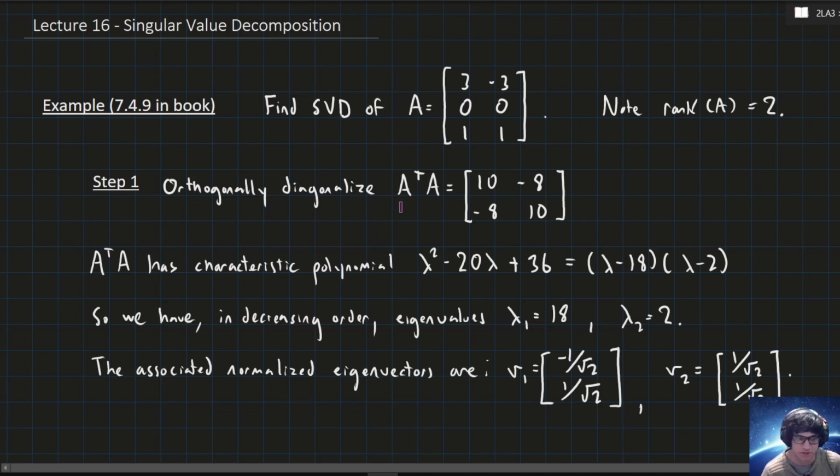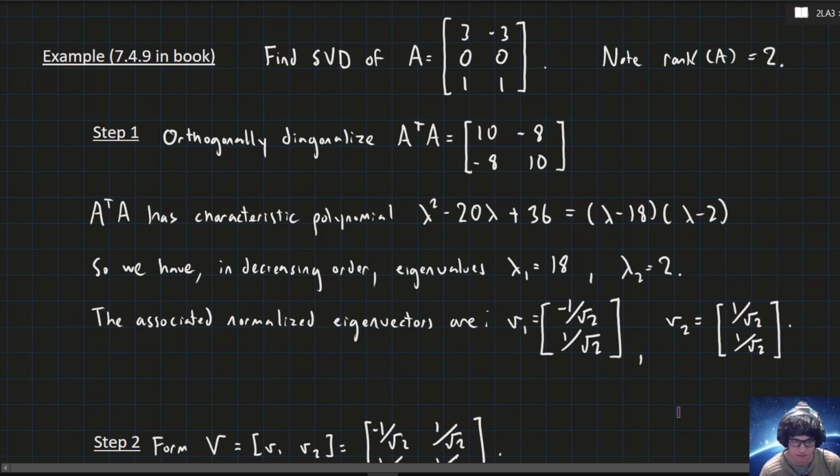So how we start is we look at A transpose A, and we orthogonally diagonalize it. You should find that the eigenvalues of A transpose A, lambda 1 is 18, and lambda 2 is 2. And we want to order these in decreasing order.